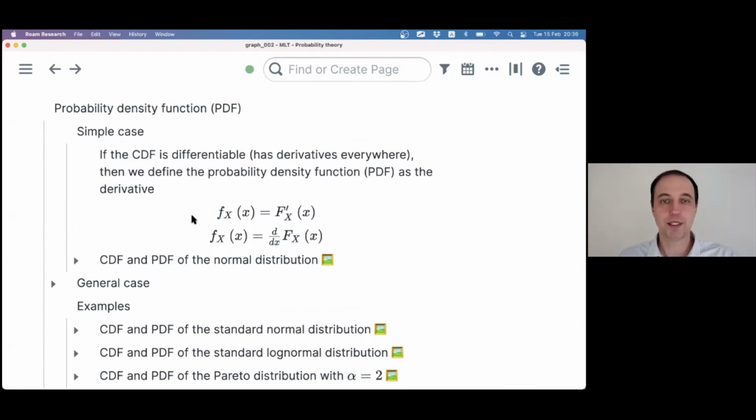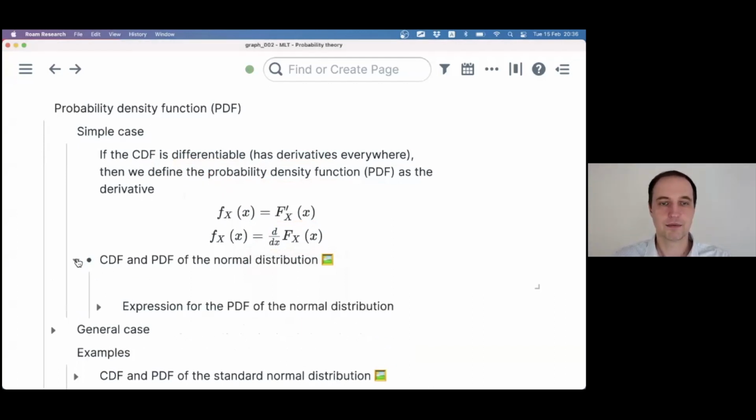The simple case would be where the CDF of your random variable is differentiable. So it has derivatives everywhere. In that case, to define the probability density function, all you need to do is to take the derivative. You can denote the derivative this way. You can denote the derivative this way. It's the same meaning in here.